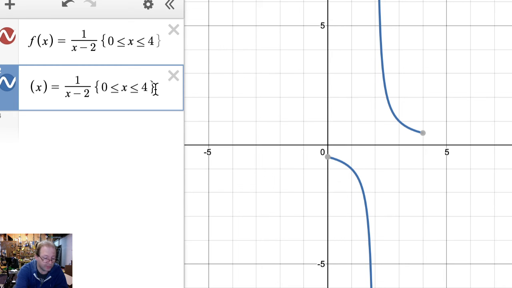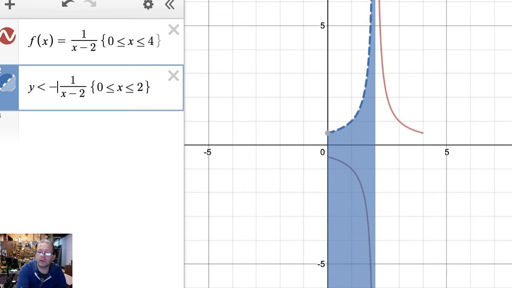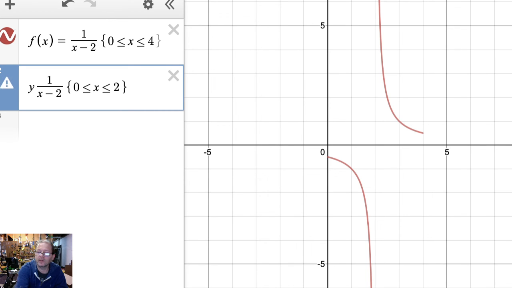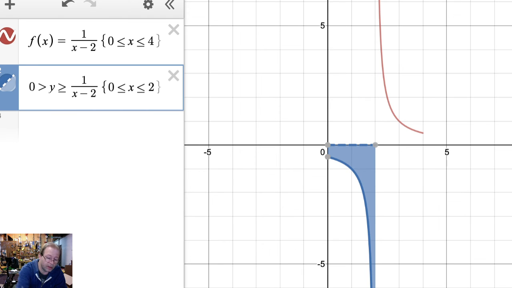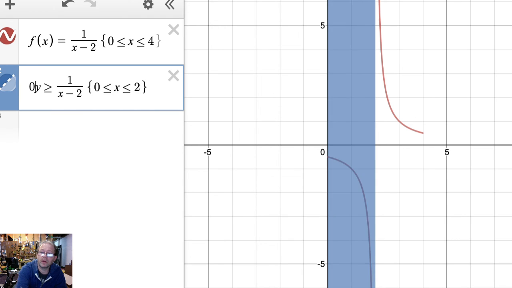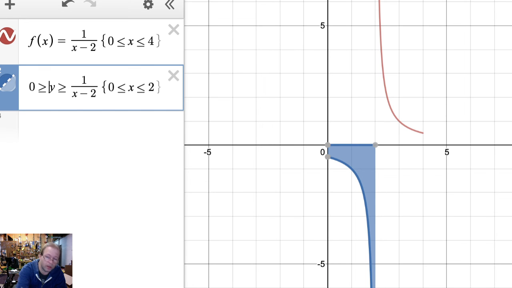So if we just look from 0 to 2, that's the stuff that's between 0 and the curve.